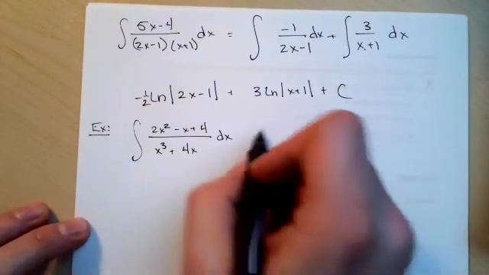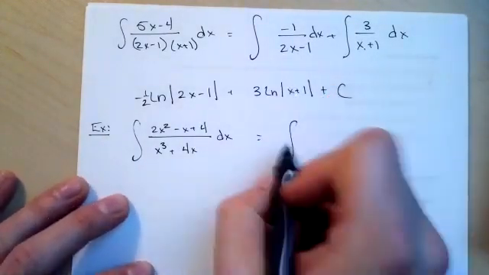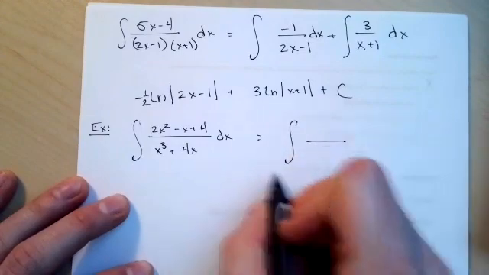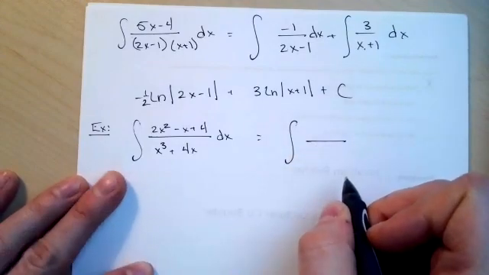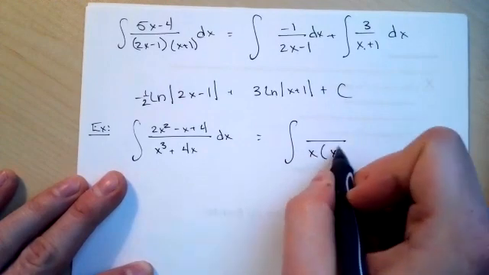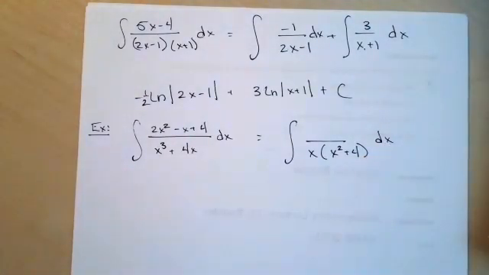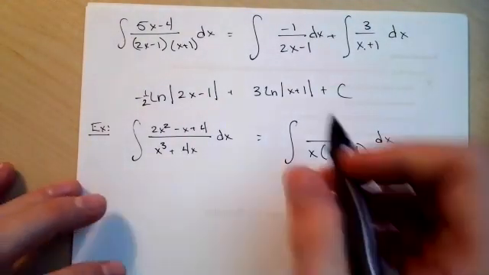So our step one, of course, is to factor the denominator. May want to look to factor the numerator too, but the numerator is not as important. So we can factor into x times (x squared plus 4). Let's keep the numerator as is, actually.